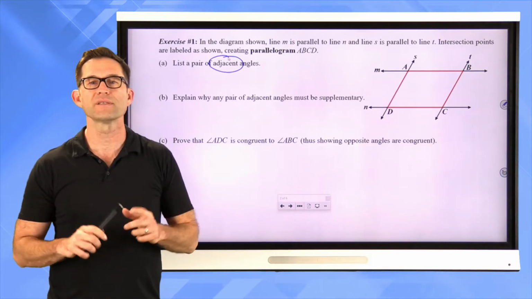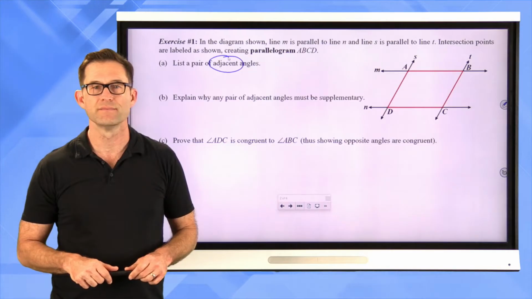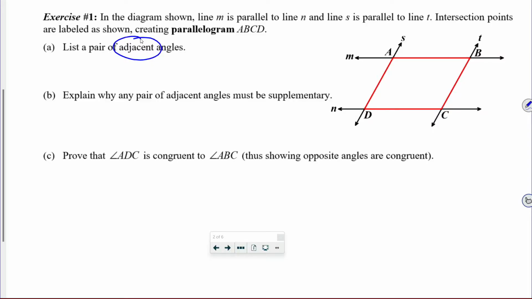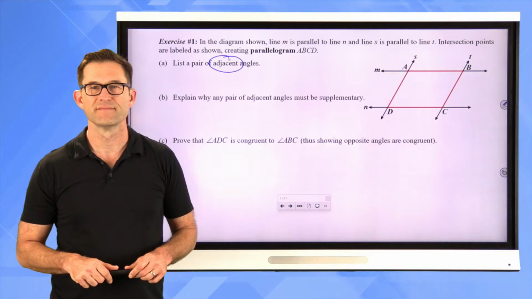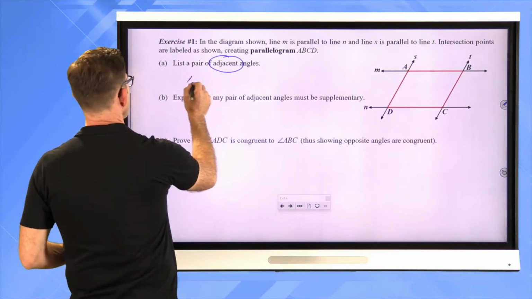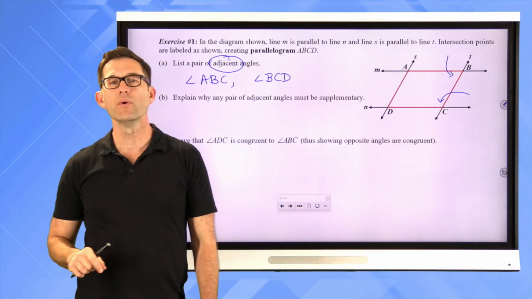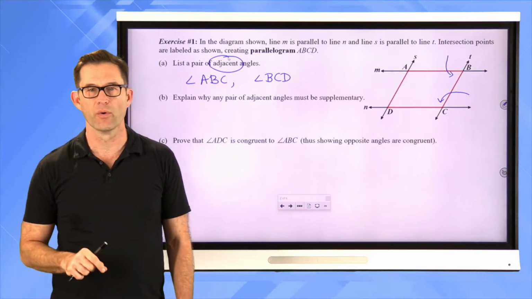Go ahead and pause the video now and write down a pair of adjacent angles. All right, well, I'm going to say angle ABC, because I like saying that, and angle BCD. Again, I'm talking about this particular angle and that particular angle. I don't want to mark them as congruent because they certainly aren't congruent.